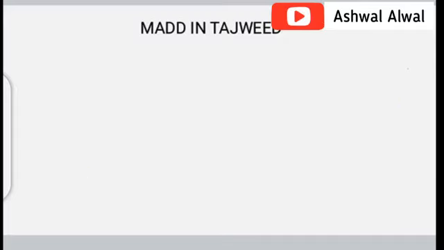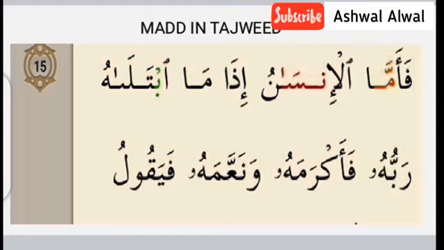Whenever you see all these mads, know that they are elongated for 2 harakats. For now, just know that it is to be elongated for 2 harakats. That is for just a second. Now let me give you an example of it in the Quran. The first example here is in Surah Al-Fajr, verse 15.